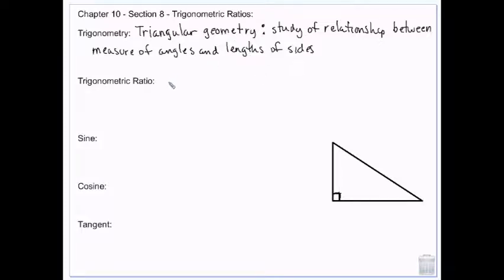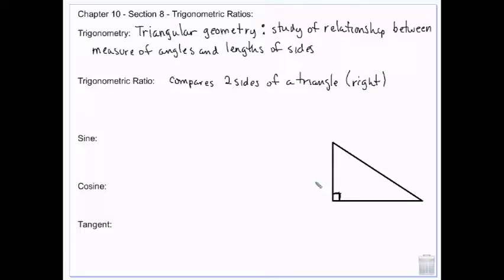A trigonometric ratio compares two sides of a triangle. And we're talking about right triangles again. We're always talking about right triangles on these.